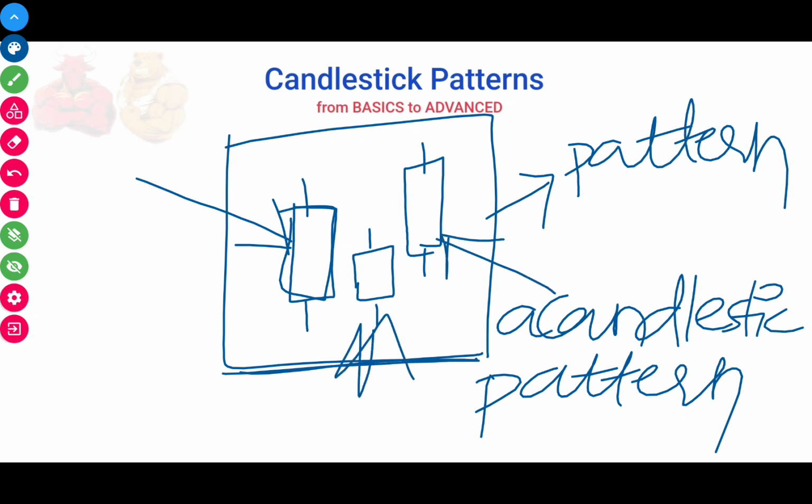So what is a candlestick? Here, a candlestick is a way of showing the information about an asset's price momentum. So let me give an example of a candlestick. So this is a candlestick. With this we cannot understand anything, right?